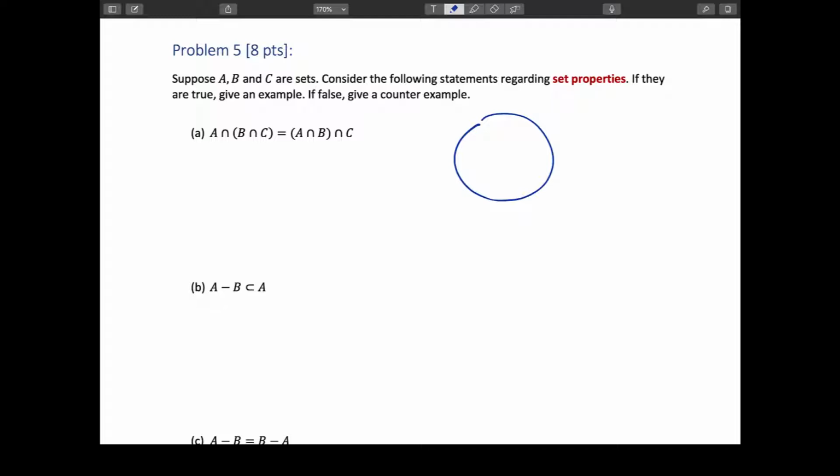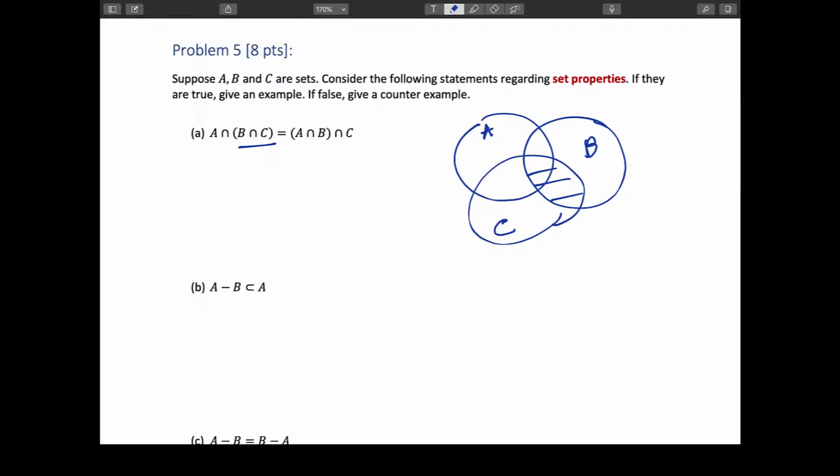of our set, here's our set A, we've got a set B, and we've got a set C. So if I look at B intersects C, that's going to be all of this over here.